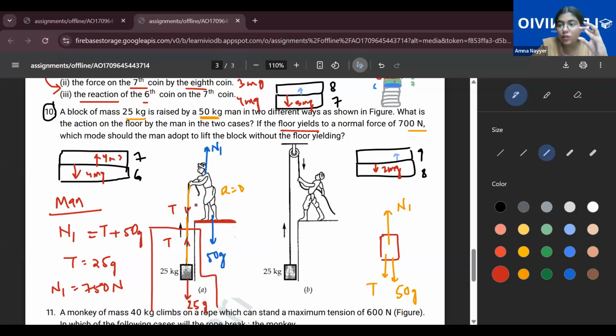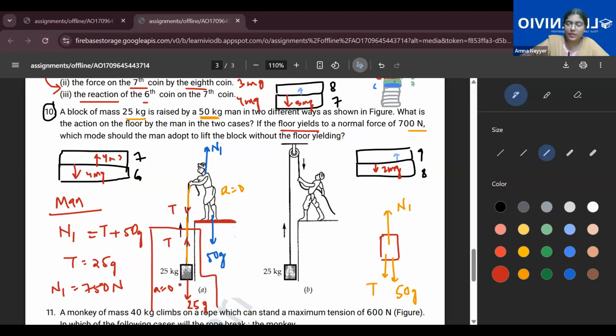So when you're breaking it into parts, the block is to be raised without any acceleration. If you are raising the block with a certain value of acceleration, then you will make the equations T minus mg is equal to ma and all. So it means you have to raise the block without any acceleration. That's why we are saying the acceleration here is zero.